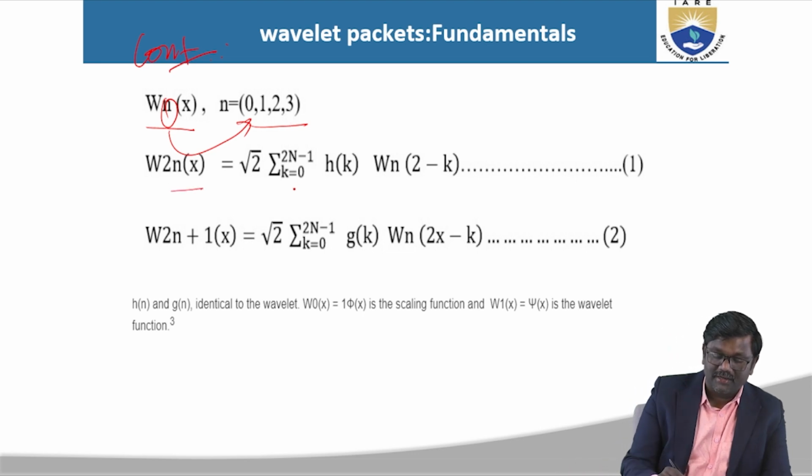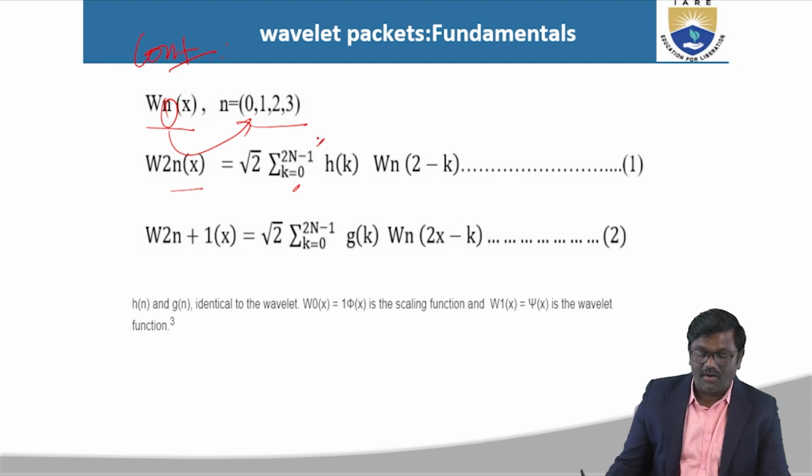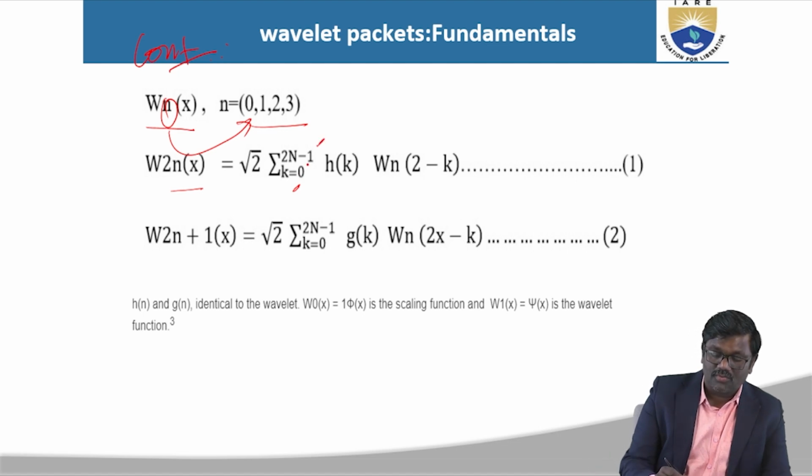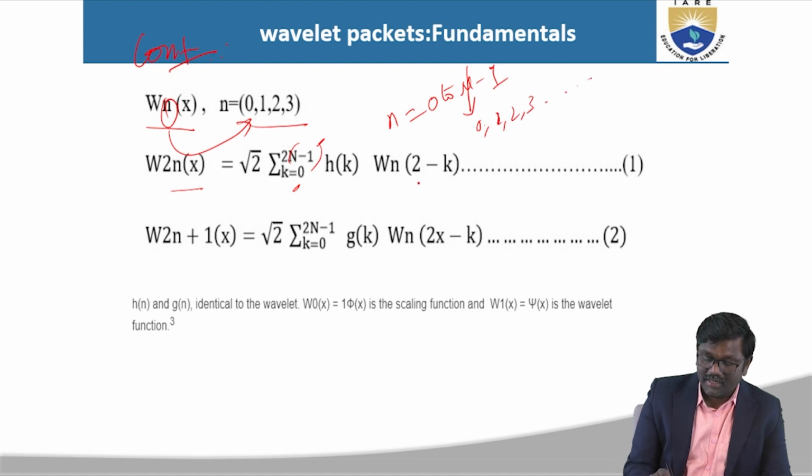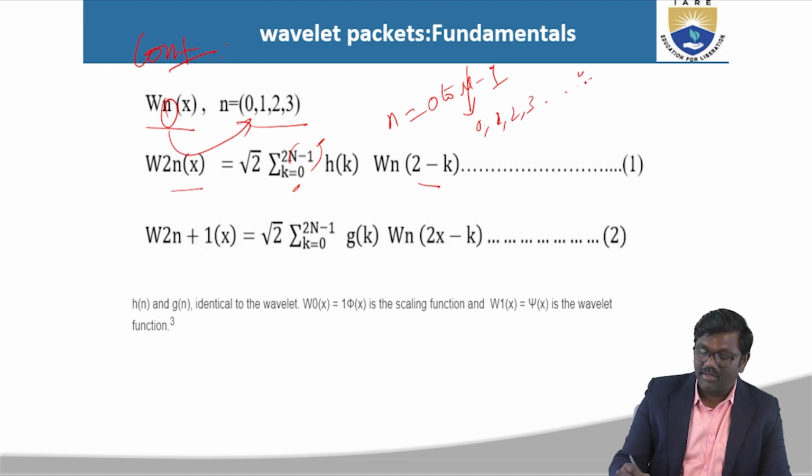So how does this 0 to 1 vary? In the sense of n minus 1. So that is, n value will vary from 0 to capital N minus 1, where n varies 0, 1, 2, 3, and so on.